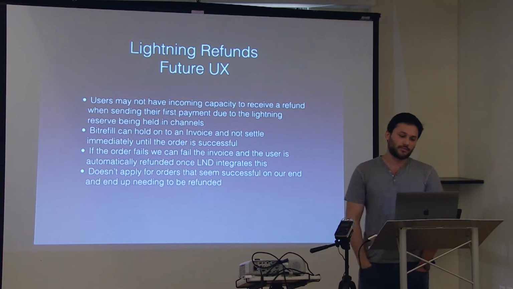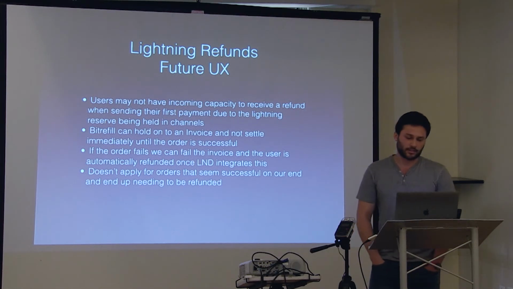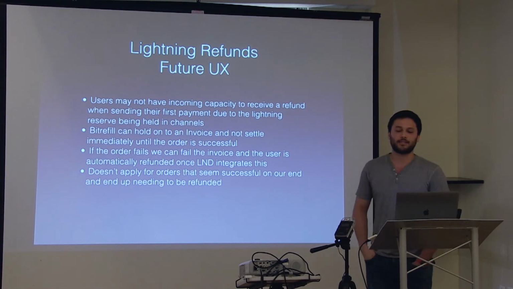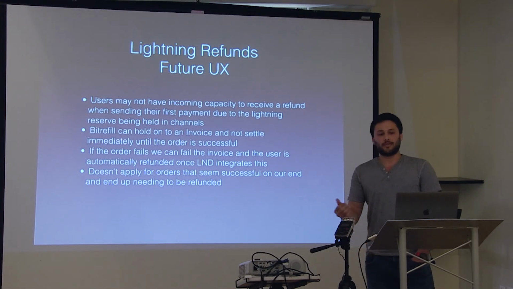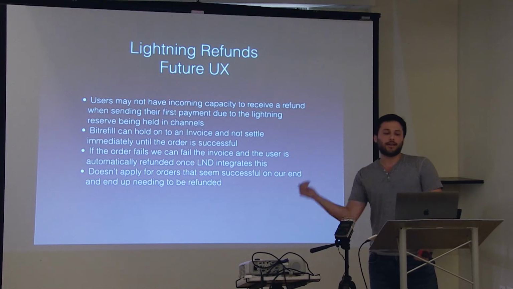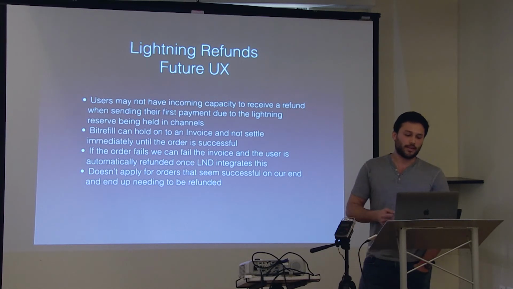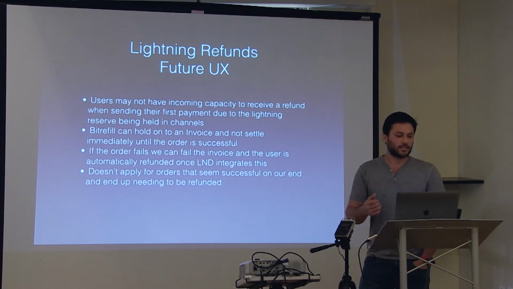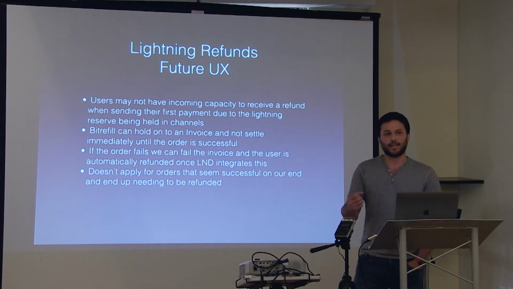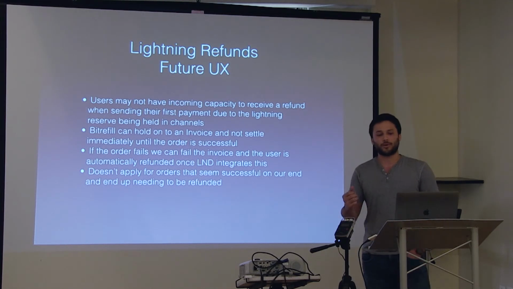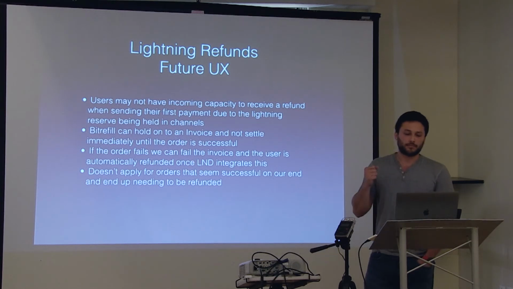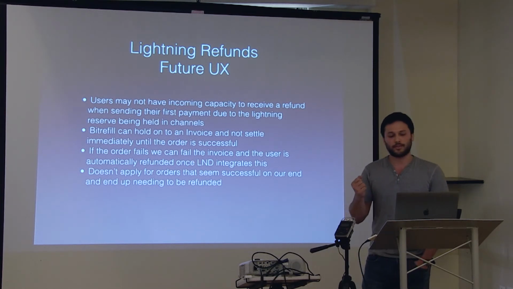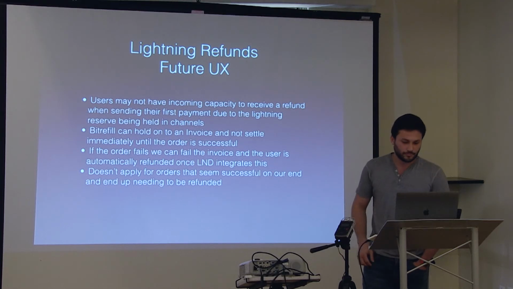So refunds. I think I talked a little bit about this yesterday. Users may not have incoming capacity after paying us. There's a flow where, due to the reserve, I cannot send a Lightning payment back. So I think Christian mentioned this earlier. You can sort of hold on to the HTLC, and I can wait until the order is successful, and then settle it or fail it if the order failed.